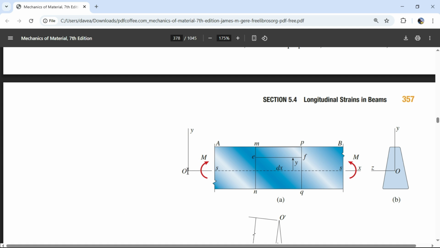Do the same thing: put your palm facing out of the page, four fingers up, and then sweep them into the Y direction, and your thumb should be pointing to the right in the positive x-axis. Same thing, fingers in the Z, sweep them into the X, your thumb should be pointing up.